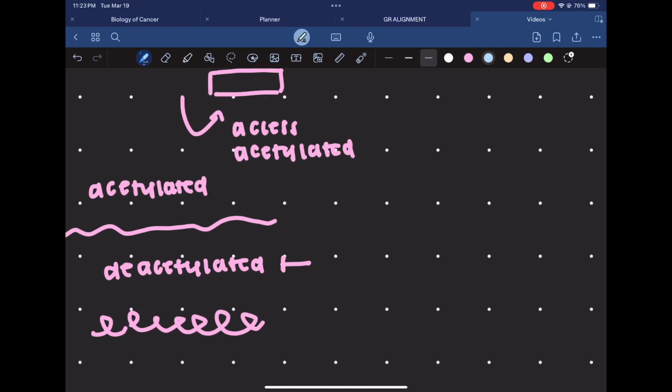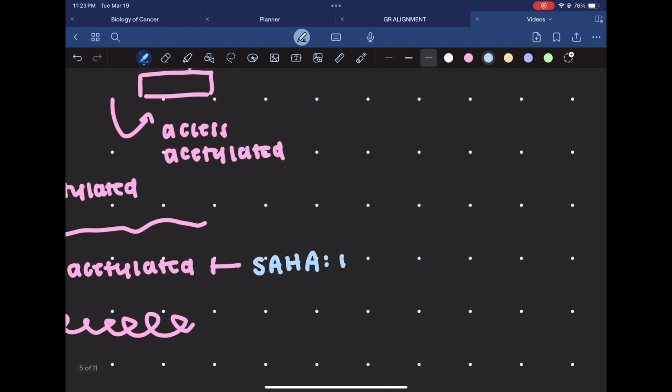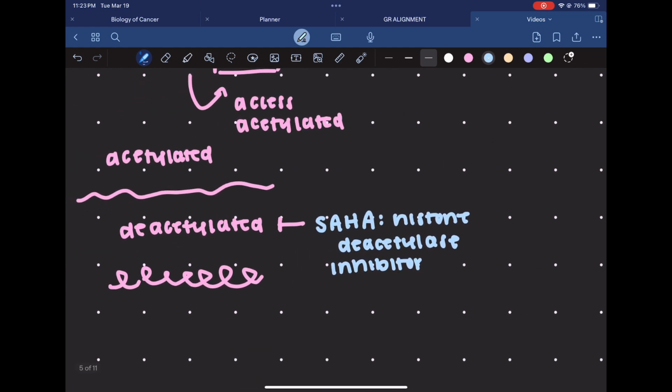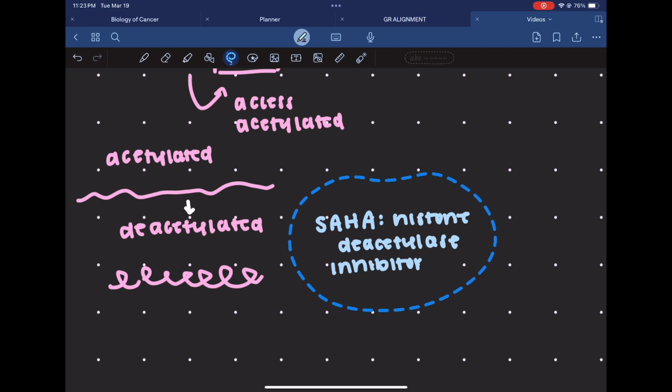So we can actually inhibit this deacetylation process with therapeutics. An example of this is SAHA, which is a histone deacetylase inhibitor, which, just like it sounds, prevents this deacetylation transition. So maybe a more accurate way to represent this is that normally we need to transition from acetylated to deacetylated.